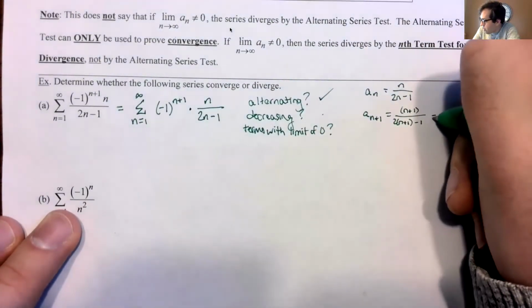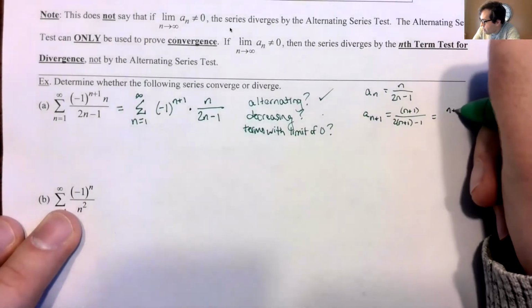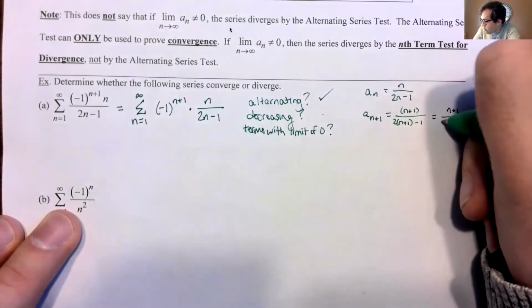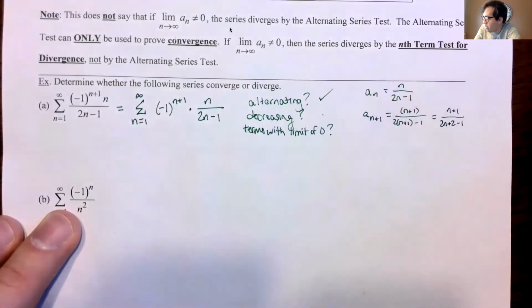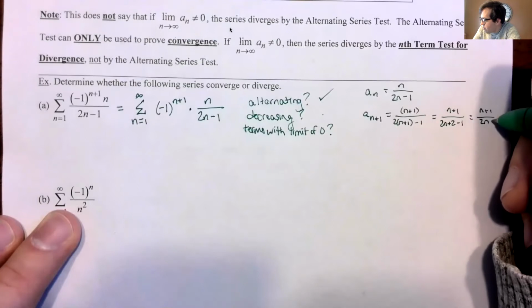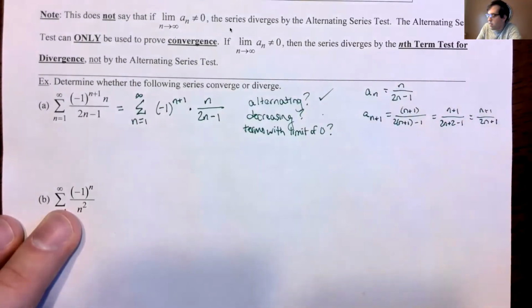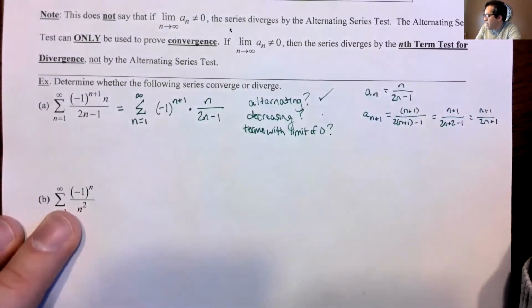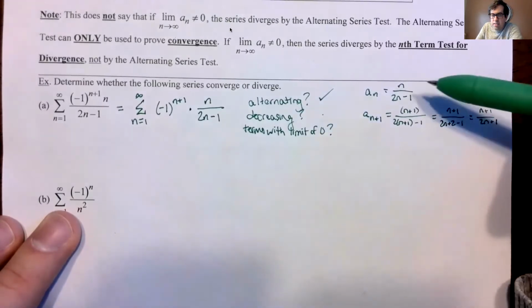Let's see what happens when we combine like terms here. We'll have n plus 1 over 2n plus 2 minus 1, which is n plus 1 over 2n plus 1, okay? And so we want to compare this to this.